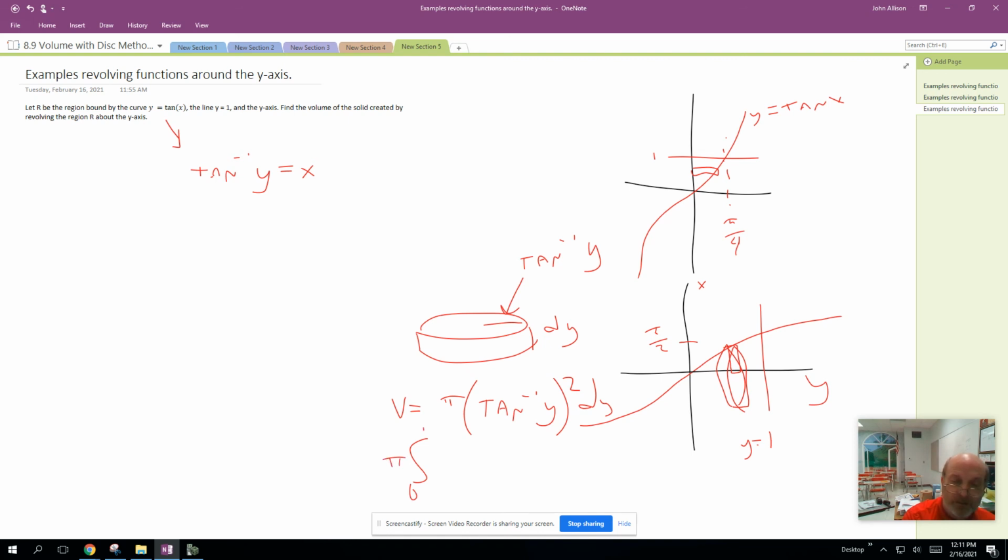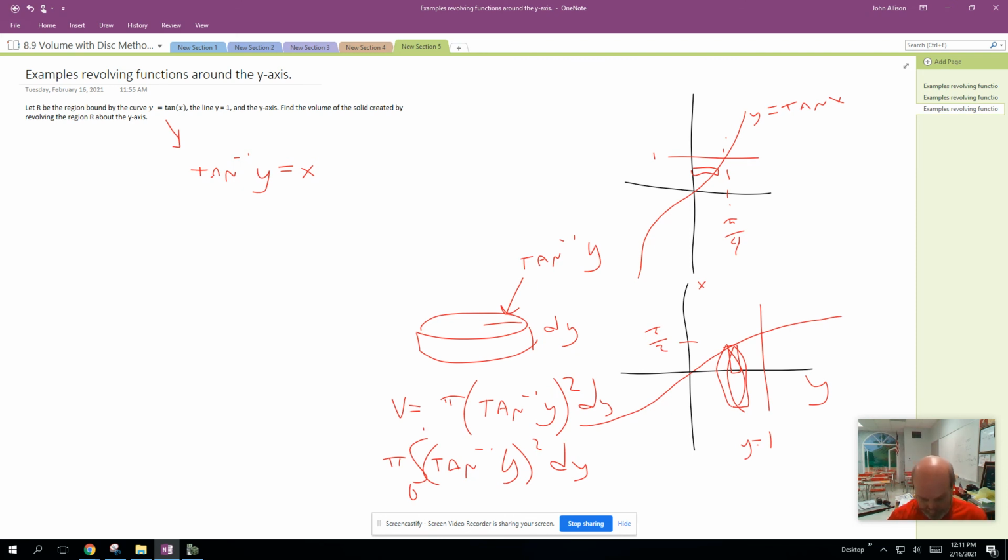Put pi outside because it's a constant multiple: tangent inverse y all squared dy. Again, when I type this in the calculator, I'm going to use x's because that's the way the calculator, like the TI-84, understands it. So I'm going to go ahead and integrate that in the calculator.